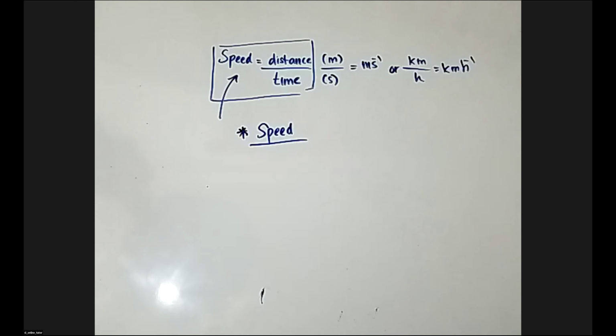Question number 4. The speed of a vehicle is 50 meters per second.